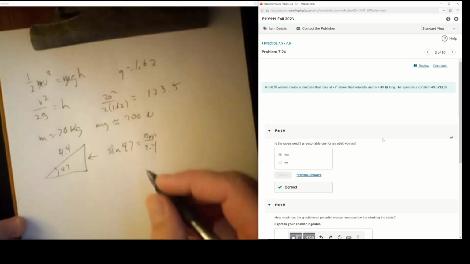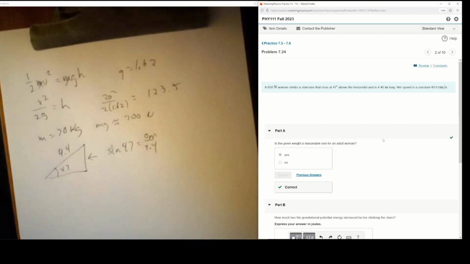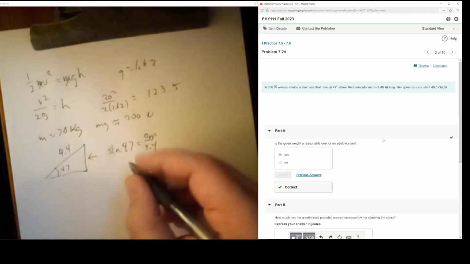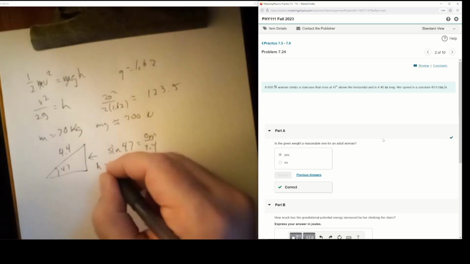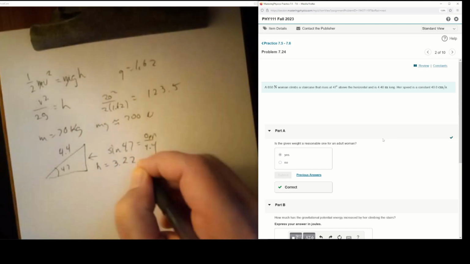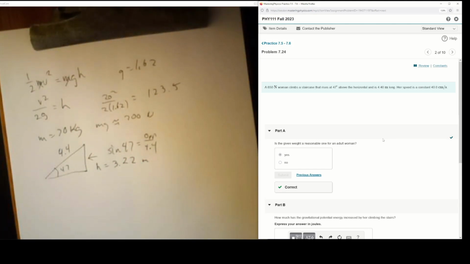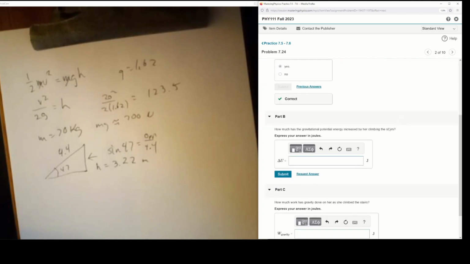And just multiplying both sides by 4.4 will give us what that height is. And she has a speed of 40 centimeters per second. So they want to know how much has the gravitational potential energy increased by her climbing the stairs.